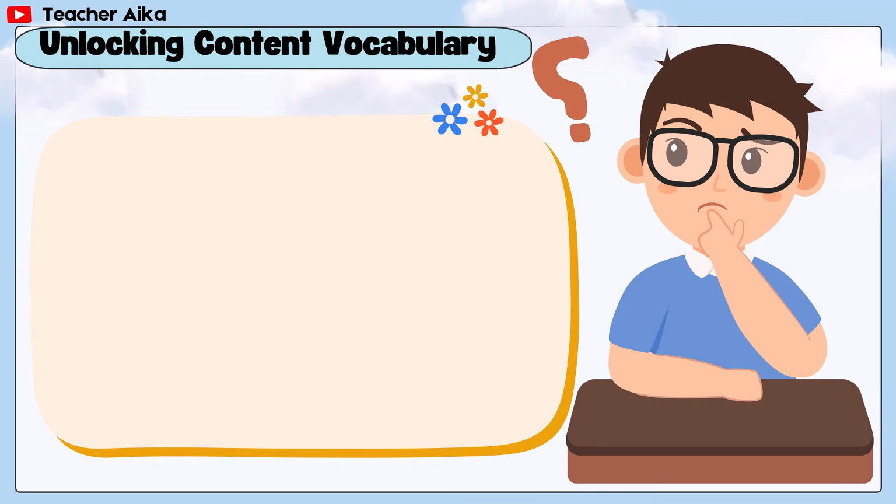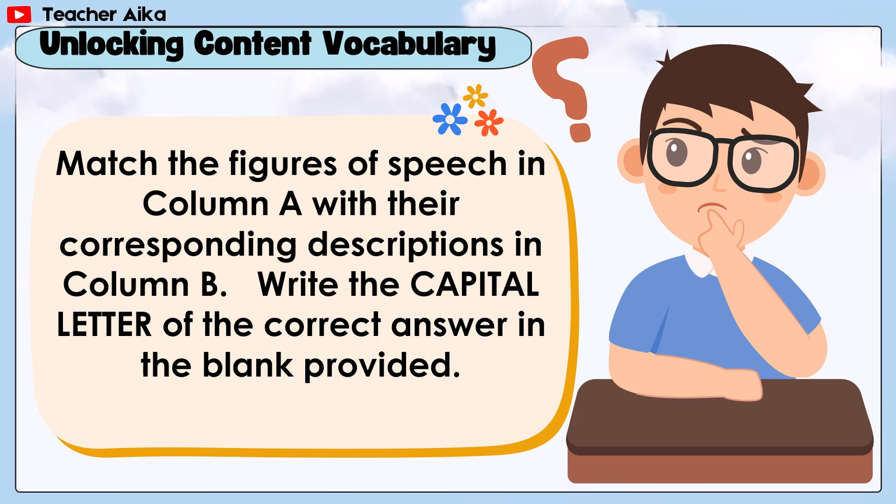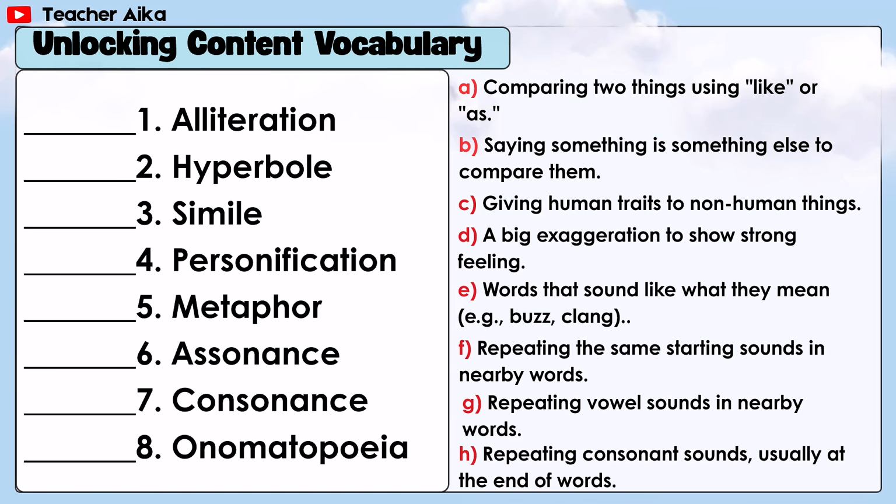Unlocking content vocabulary. Match the figures of speech in column A with their corresponding descriptions in column B. Write the capital letter of the correct answer in the blank provided. 1. Alliteration. Answer: F. Repeating the same starting sounds in nearby words. 2.